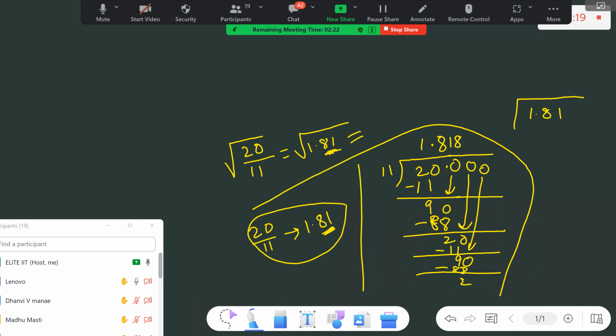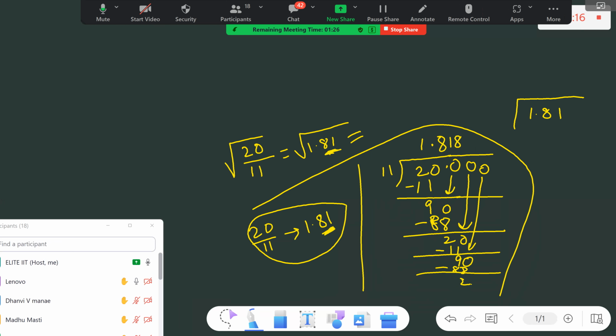Why? Whatever I wrote on the board today, you didn't write the notes? Why? After that I taught square root of a decimal number, square root of fractions. Why didn't you write that, Manvita?